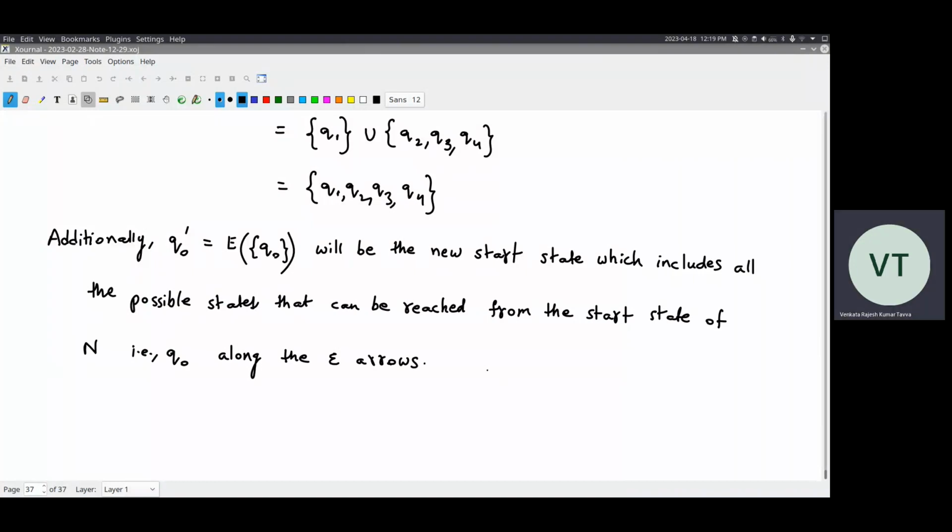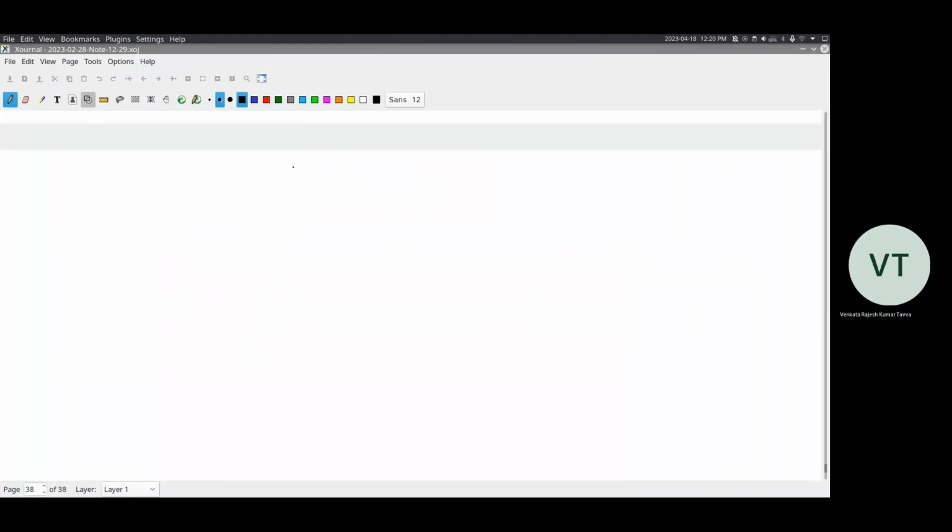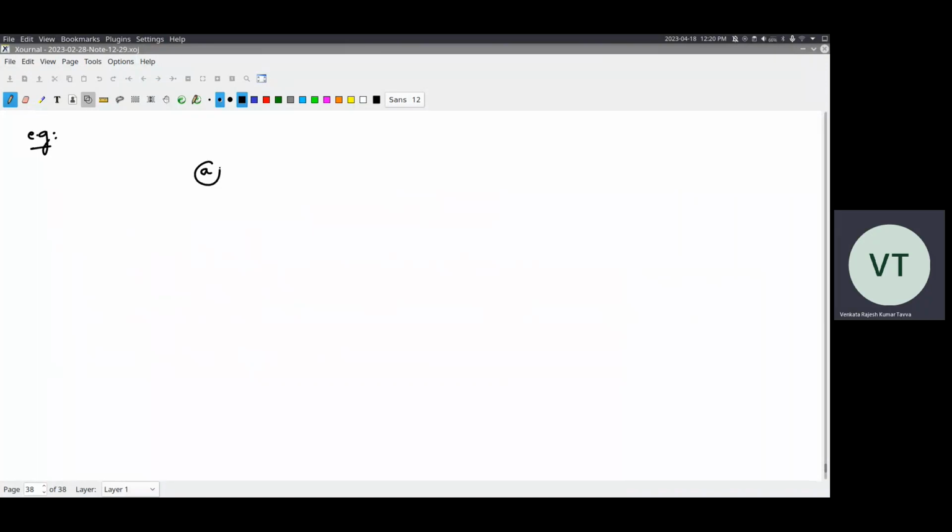So let's look at one more example. Let's say we have 4 states A, B, C, D. And let's say D is the final state, A is the start state.